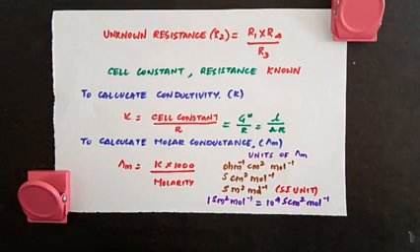So we have used the Wheatstone bridge and conductivity cell to find the resistance, and from that we calculate conductivity, and then molar conductance. And now let's have a clear understanding of the units used here for molar conductance.